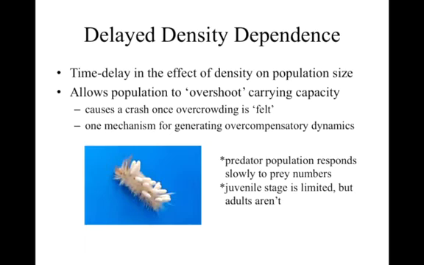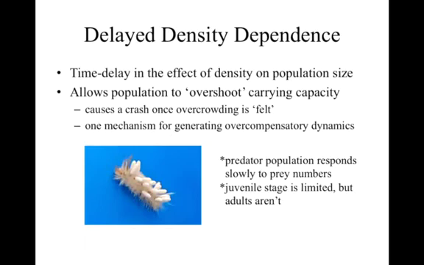So the population gets up really big before we have a chance for crowding to take effect, and that allows the population to overshoot the carrying capacity. Once the time delay is over, we get caught up and the crowding starts being felt, then the population is in trouble and it actually crashes. This is one really common mechanism for generating overcompensatory dynamics. There are other mechanisms, but delayed density dependence is one of the most common.